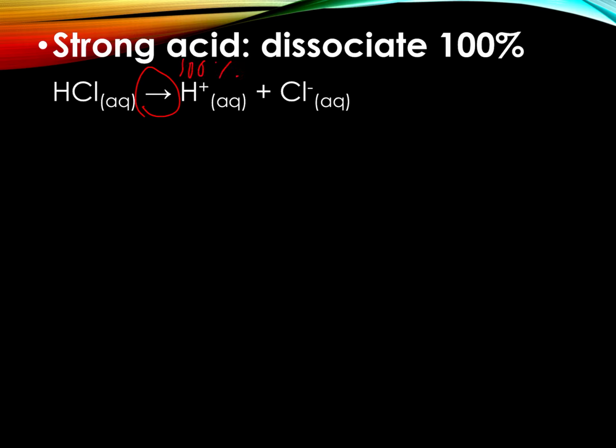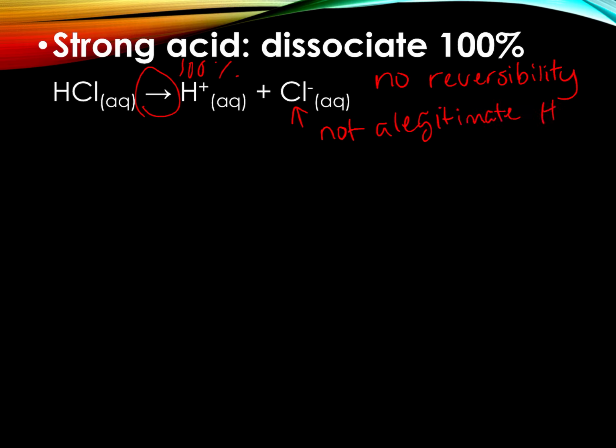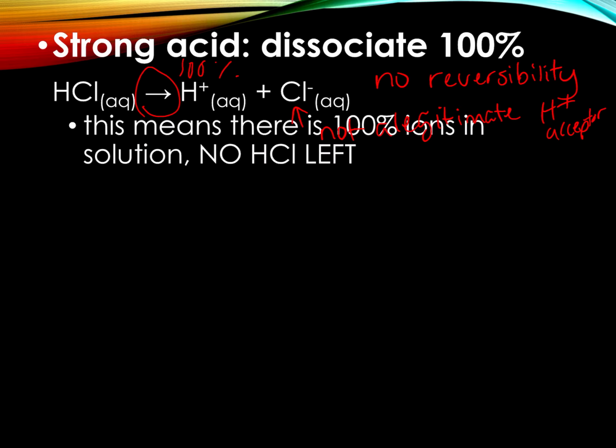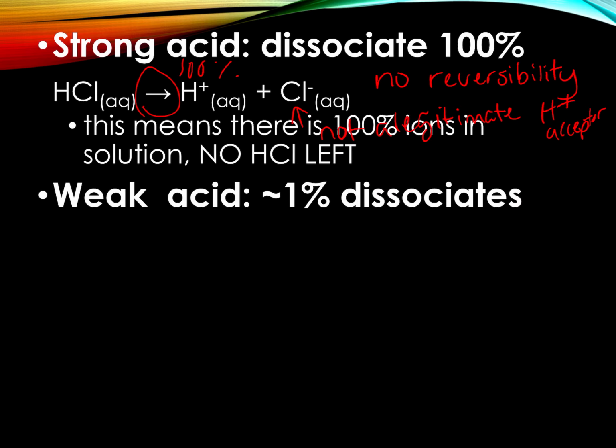This reaction goes 100% to the right, which means then that there is no reversibility, which means then that this is not a legitimate proton acceptor. Okay, so there's 100% ions in the solution. No HCl left.